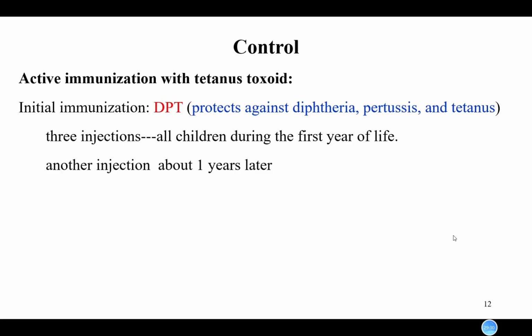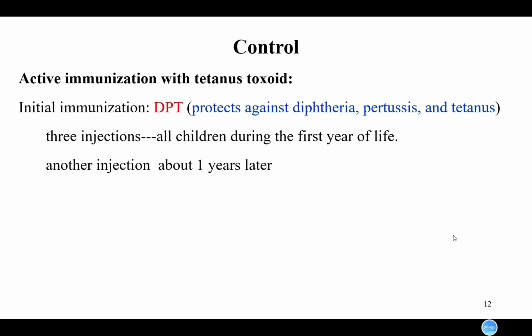So in the first year, they receive 3 injections. And 1 year later, they receive another injection of DPT. So that's the initial immunization.